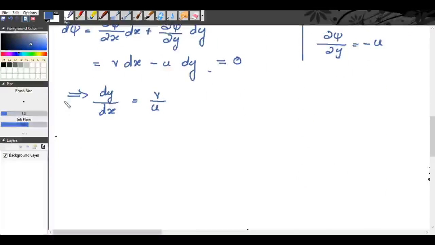So this is called the slope of the constant stream function, very important.